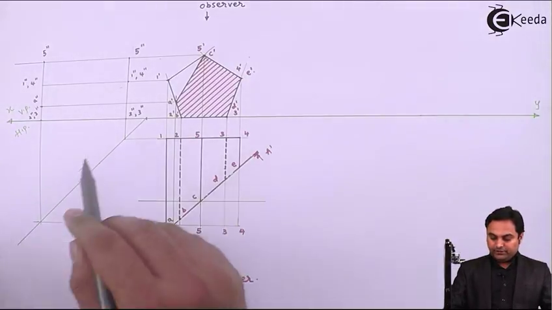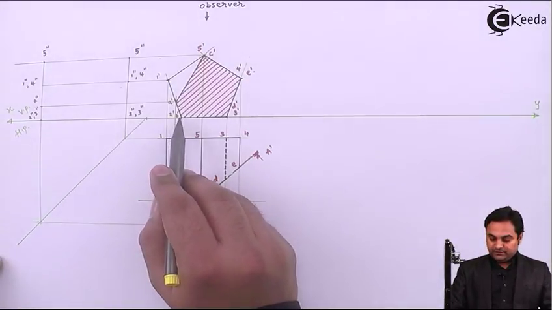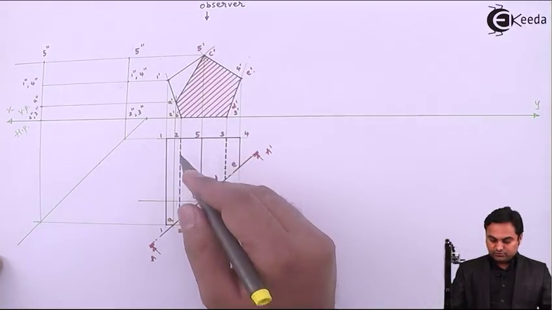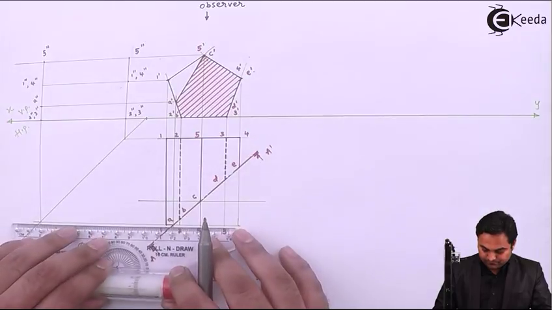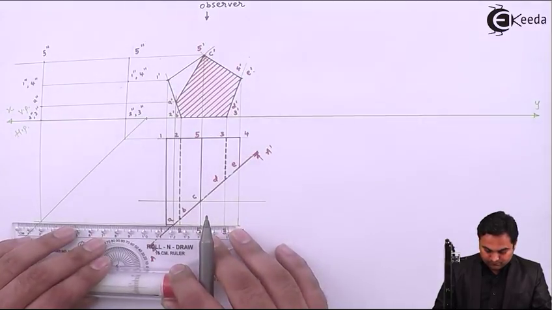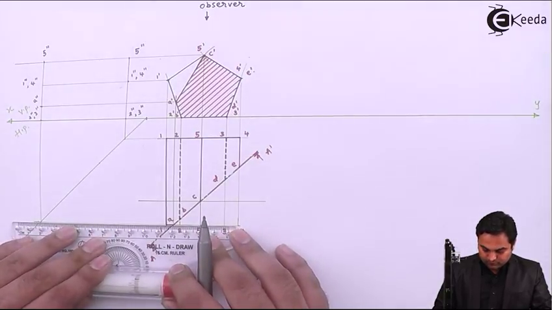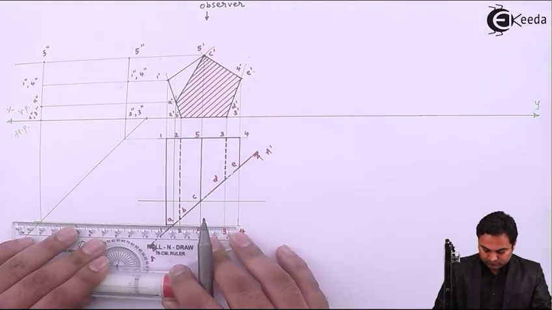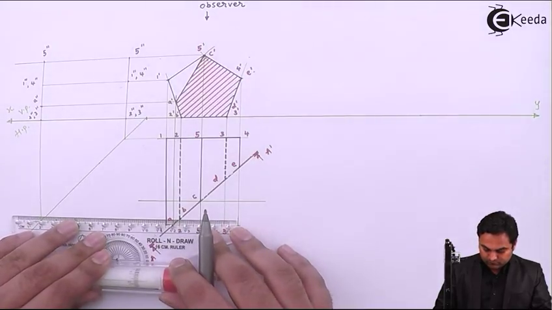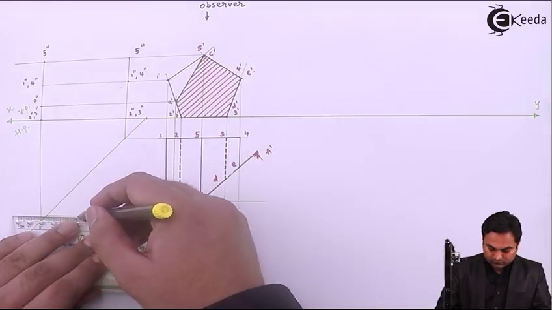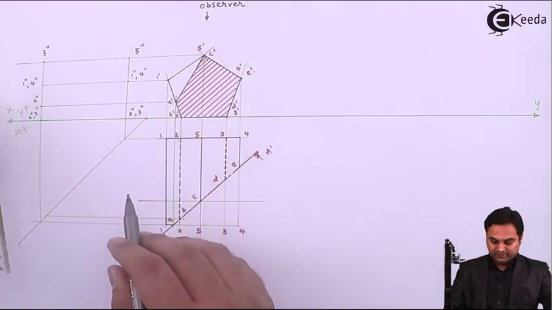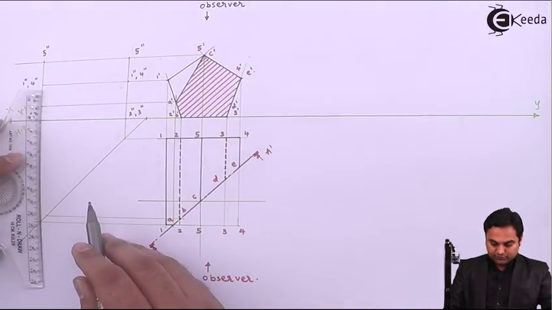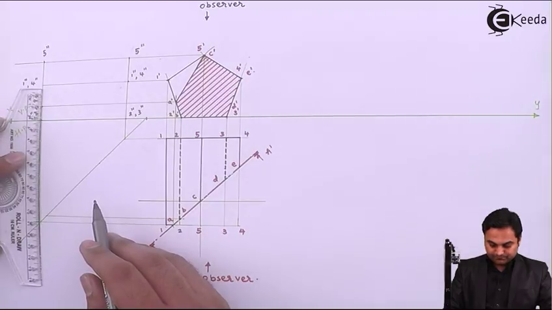Then point B dash is here, it is on this same line as 2 to 3, so B dash will be projected. Projecting it light. Then here B dash is on xy line, so this point B should reach up to xy line.